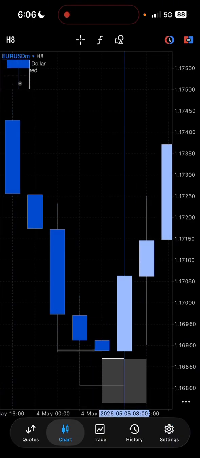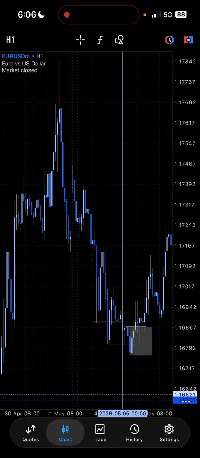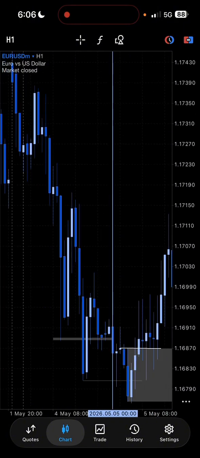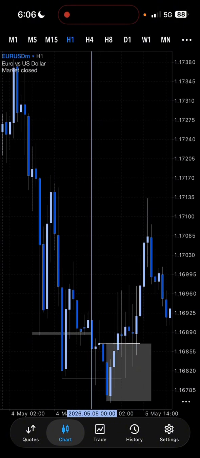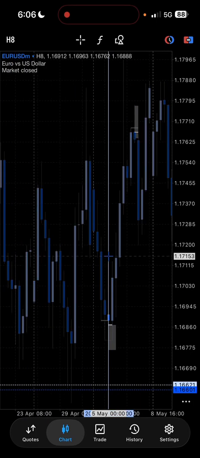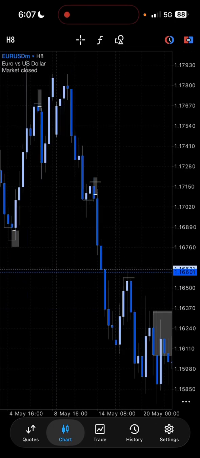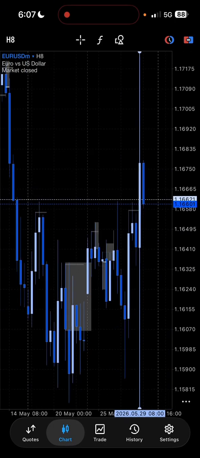So after sweeping this low, we'll go to the 1 hour time frame. See, there was no break of structure of any sort. So we go to the 8 hours back. Now, as you are seeing, this is the whole month of May. So in the whole of May, we had 1, 2, 3, 4, 5, 6, 7 trades.